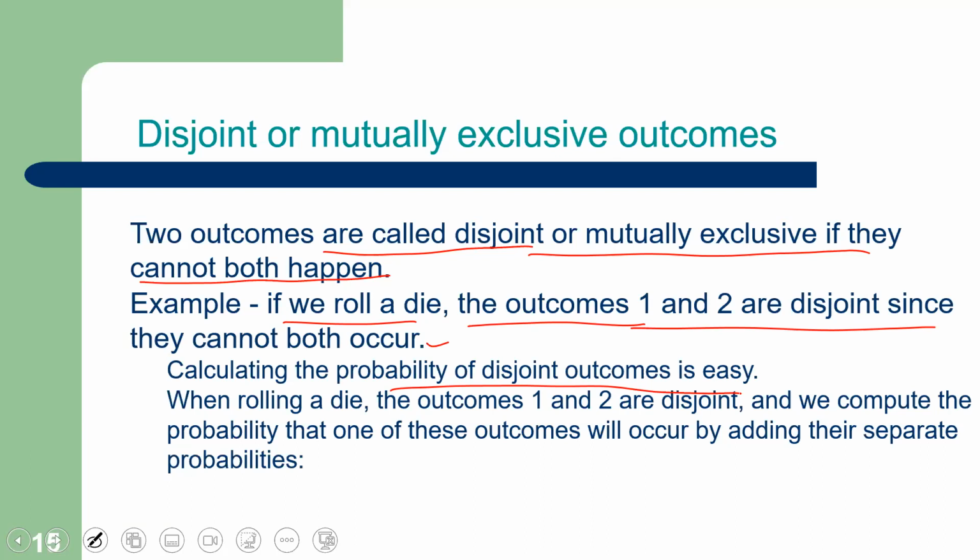For example, with a die, what is the probability of getting 3 or 4? Either you're calculating for 3 or for 4. For 3 it is 1 by 6, and for 4 again 1 by 6.